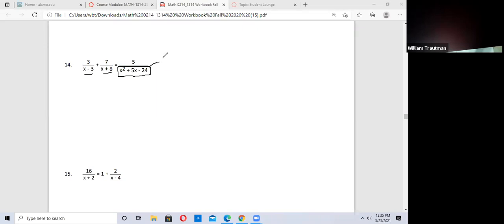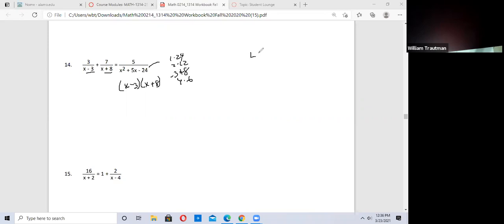So when you factor this, 24 is 1 times 24, 2 times 12, 3 times 8, 4 times 6. How do I get a 5, a plus 8, and a minus 3? This factors to x minus 3, x plus 8. The hint is that it usually, not all the time, but usually will end up being a factor of the stuff that's already been put together.